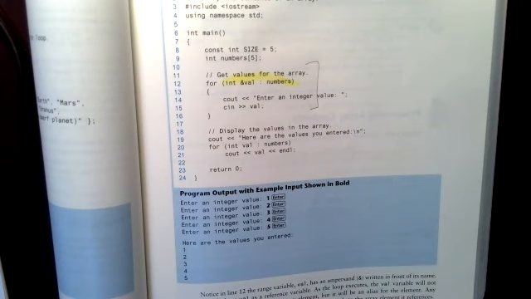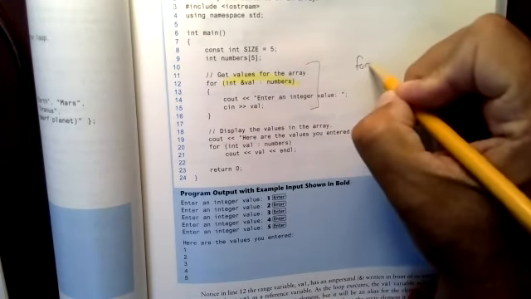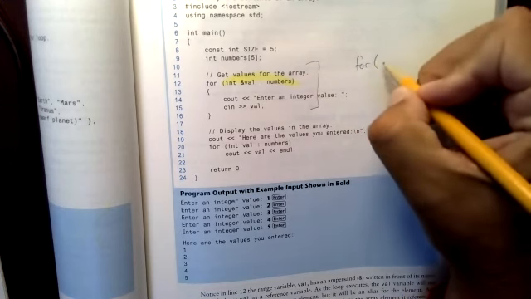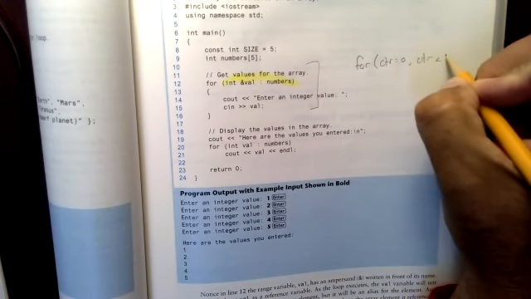I can do a for loop from 0 to less than 5, and I can ask for it, and I'll cin numbers sub whatever my loop control variable is. So this is really the same as for counter equals 0, counter is less than 5.